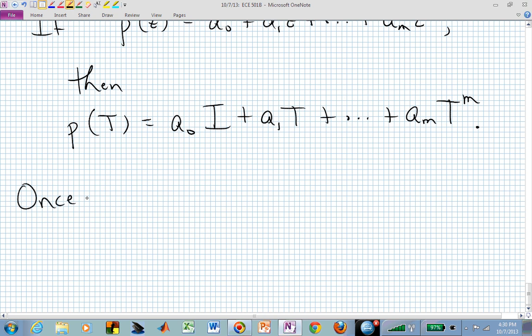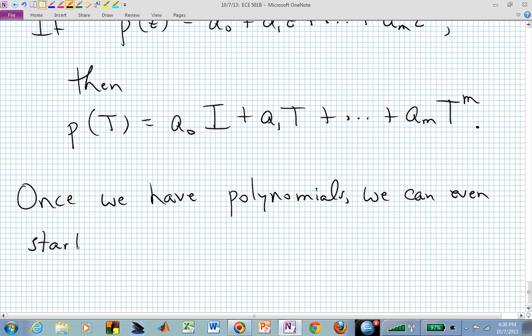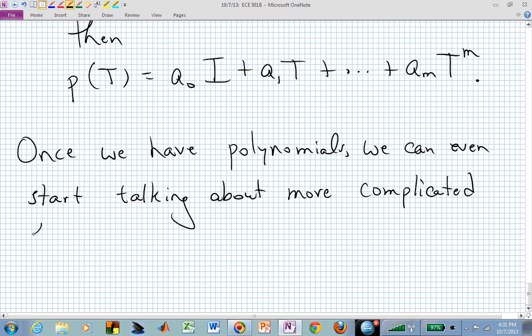So once we have polynomials, we can even start talking about more general or more complicated functions of operators.